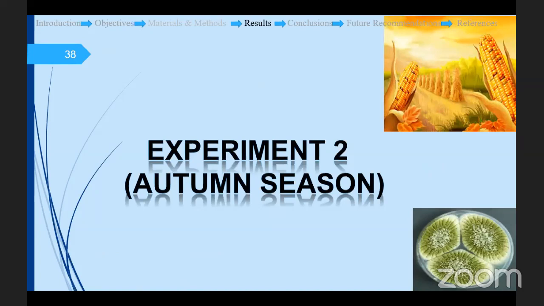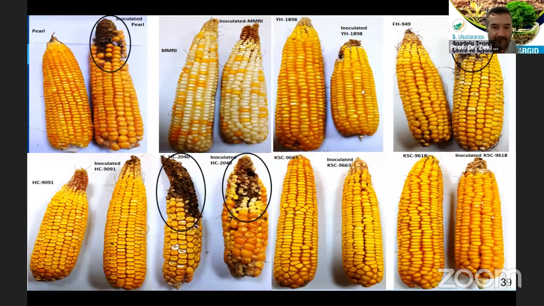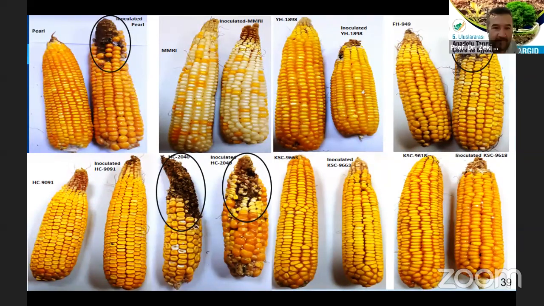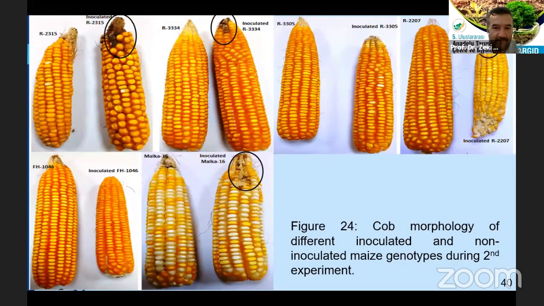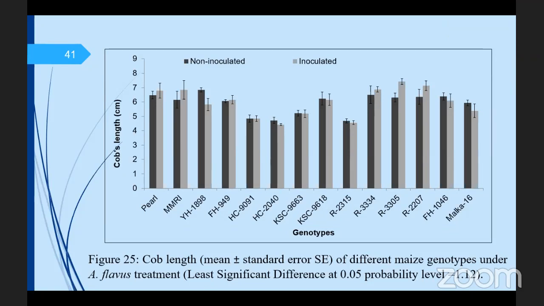And now the results of the second experiment, which was carried out during the autumn season. Here we can see that there are many cobs which show the infection produced by Aspergillus flavus. During the second experiment, during the autumn season, cob length was affected by the treatment, but most of the genotypes had a variable response toward the treatment.